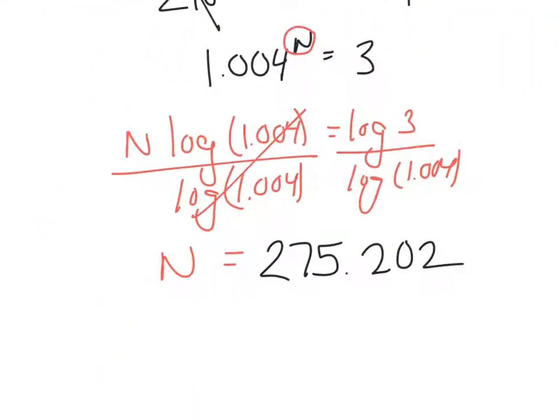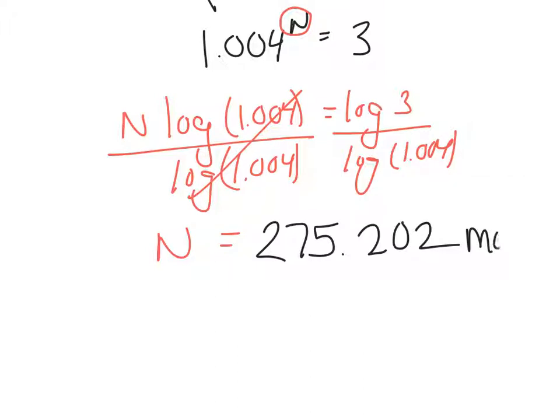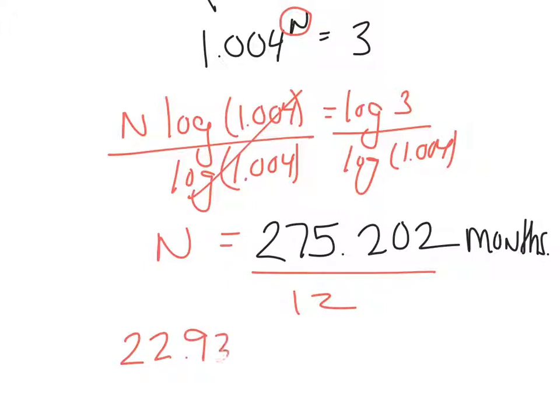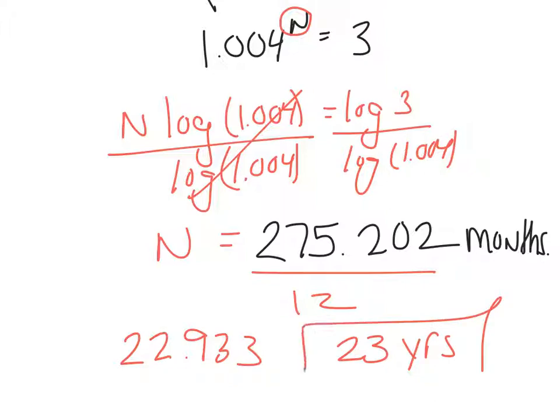So this answer is actually in months. Now they were sneaky and they said, what is the answer then in years? Since you're giving us the answer in months, I need that answer in years. So I'm really just going to divide this by 12, and I'm going to say it's going to take 22.933 or 23 years.